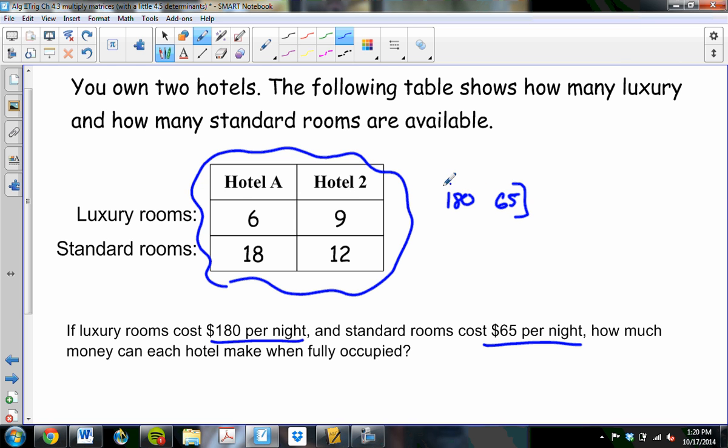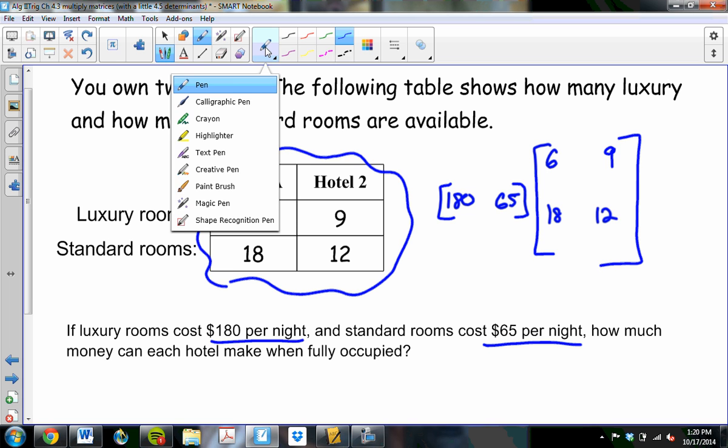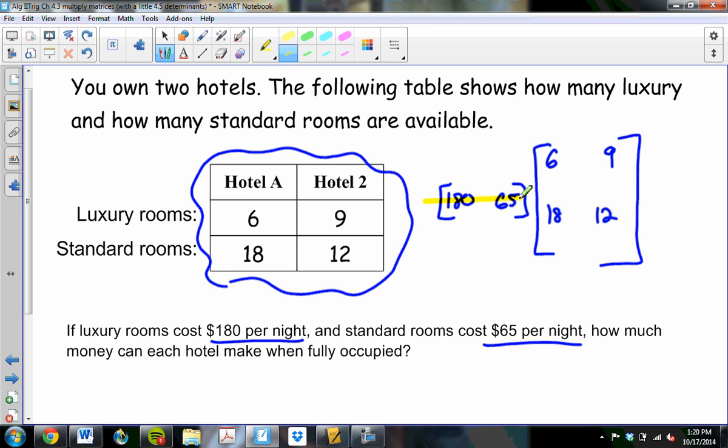If I put that in a 1 by 2 matrix, I can multiply that by my 2 by 2 matrix, 6, 9, 18, 12. And when I multiply these, I'll end up doing row to column, and what that'll do is tell me how much money Hotel A made.